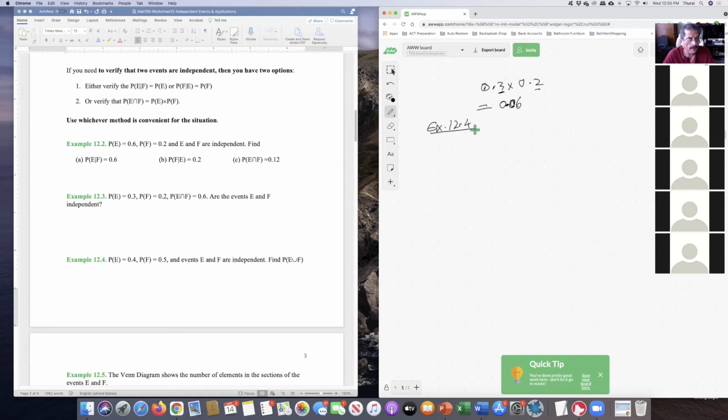So to find it, we would add 0.4 plus 0.5 and take away 0.2. Where are you getting the 0.2 from? The product, the intersection. Okay, you're right. And so my question was, where do I begin?